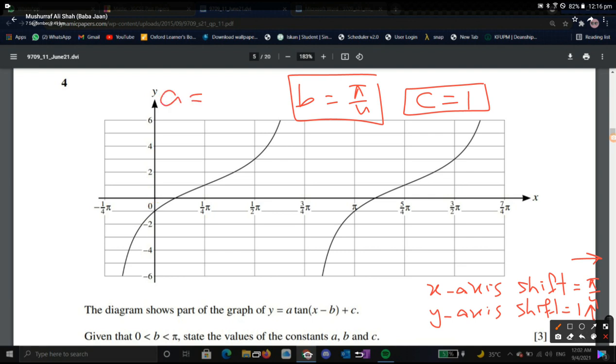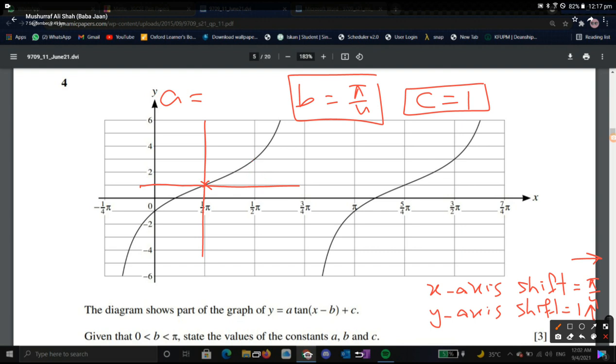If this curve, look, I show you the curve, this point is here, and I make it the x-axis and y-axis. This is the x-axis, this is the y-axis. Now how much? Normally this gap is 1.